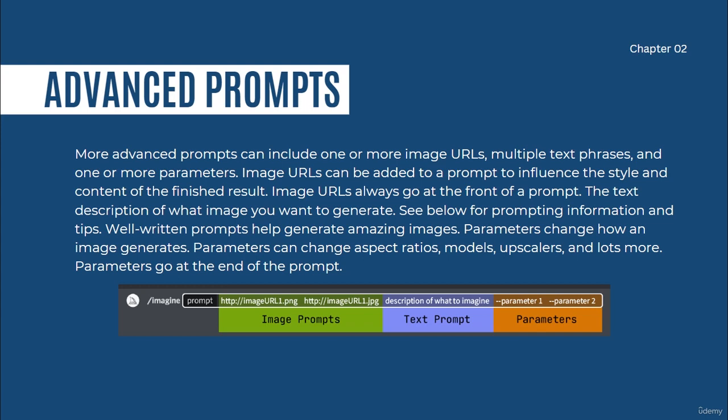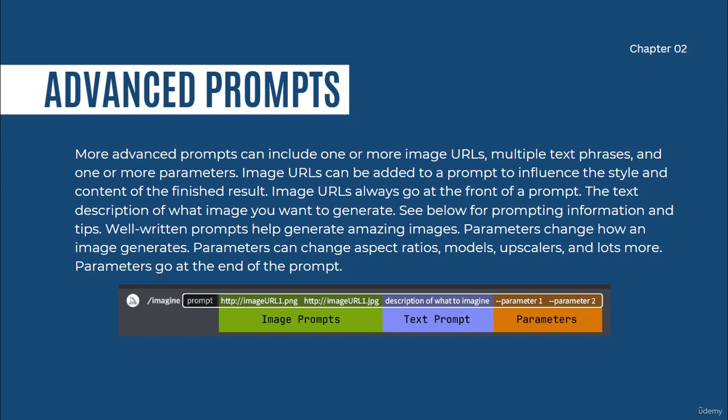For example, you provide a theme for your results, and after that you specify that you need to use these types of things inside this design, and these descriptions will be given inside your text prompt right here. See below for the prompting information and tips. Well-written prompts help generate amazing images, right? It's only depending on your words, your style of writing, and the information that you put inside here. It's totally depending on this.